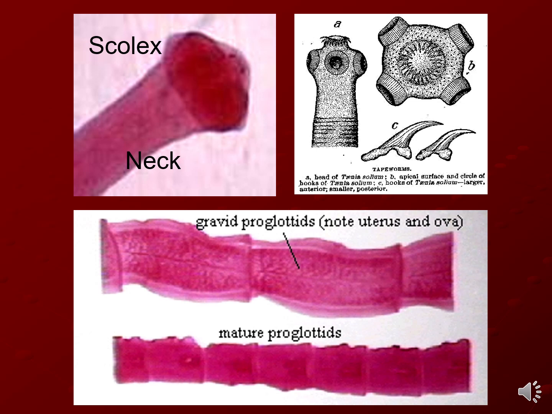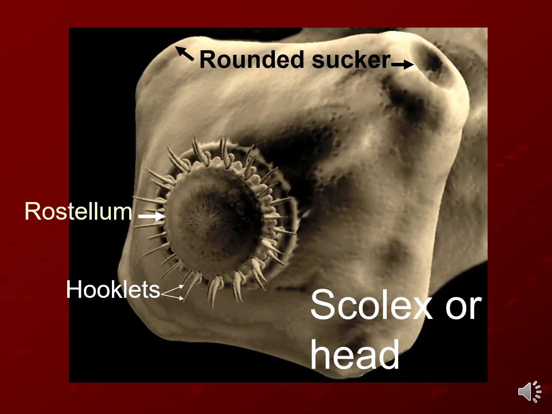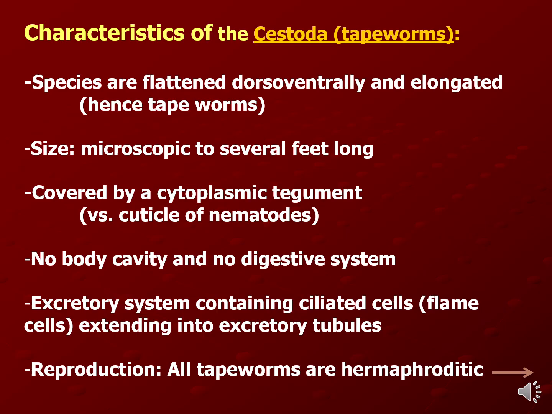And then the segments which are behind the neck, those are called the proglottids. Some of them are immature initially, then they become mature, and then they would be gravid proglottids. Okay, a scanning micrograph of the scolex, the rostellum, and the hooklets.